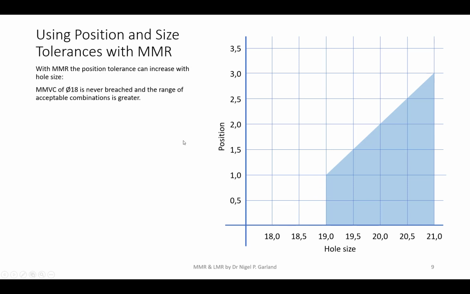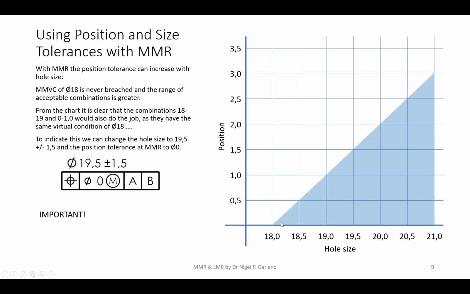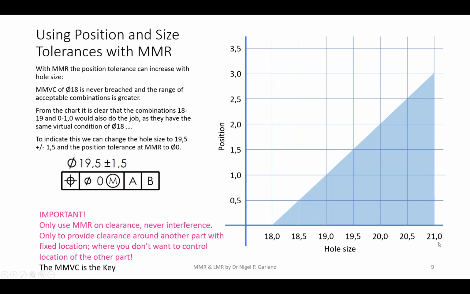Now you might think about changing the size tolerance so that we still have a 21 millimeter diameter maximum size, allow the size to drop all the way down to 18, and apply this 0 for maximum material requirement. So this has a position of 0. How can you have a position of 0?